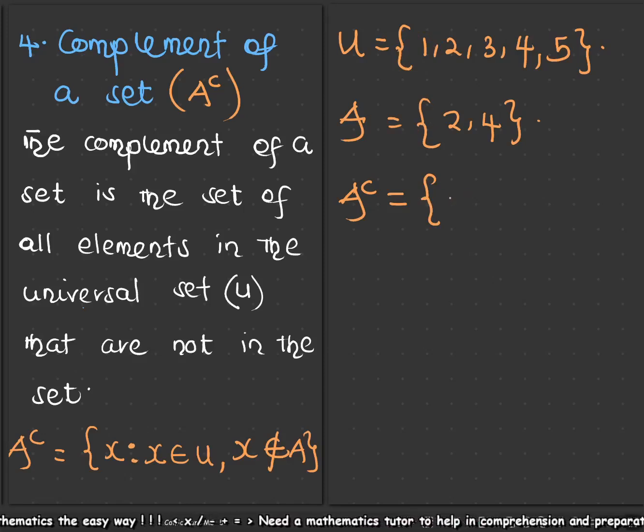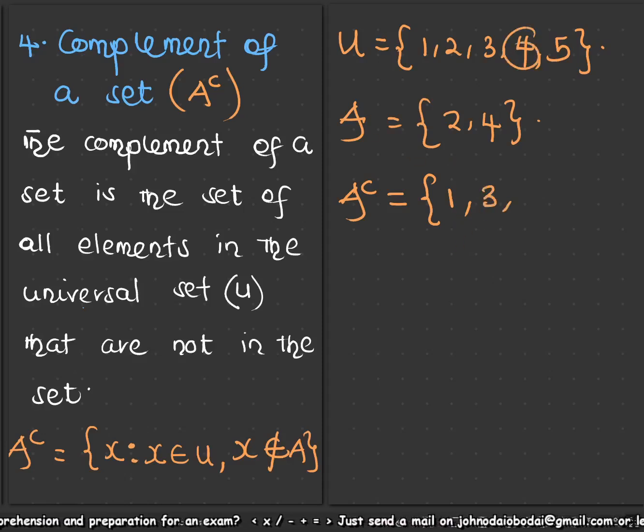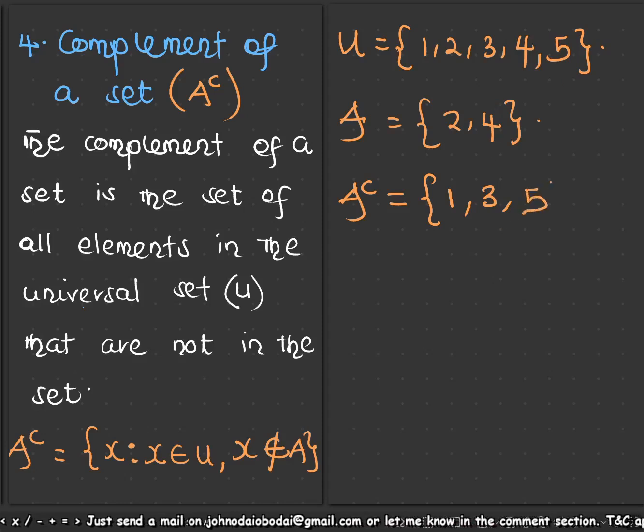No, it's not. So that is going to be part of the complement of A. 2 is in the universal set, and it's also in A as well. It is not in the complement of A. 3 is in the universal set, not in A, so 3 is in the complement of A. 4 is in A. Then we have 5, which is not in A, so it's in the complement of A.